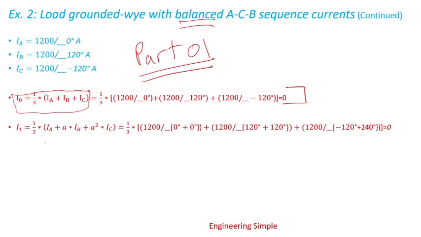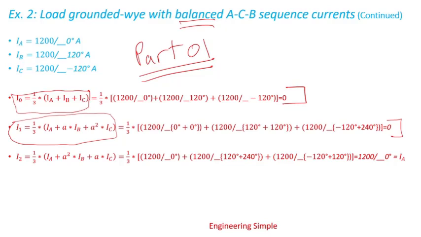For positive sequence, I do the same thing. Here's the equation. If I plug in the numbers, I get 0. Again, it's balanced and it's ACB, meaning it's negative sequence, so there should be only negative sequence current. If I do the same thing, here's the equation.